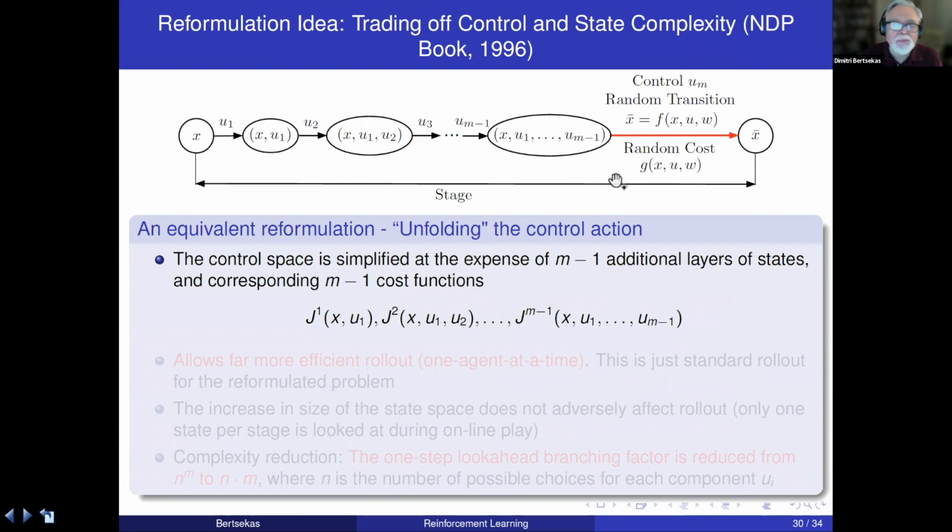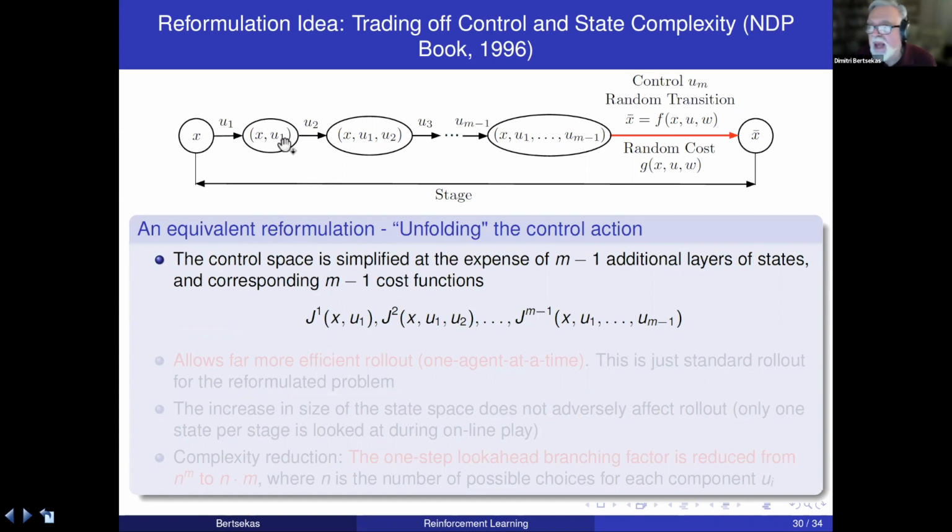Let's break down the application of components one at a time, and we break up the stage into multiple stages, M stages, by unfolding the control action. So from this state, we choose just u1, the first component, and go to another state, which is x of u1.